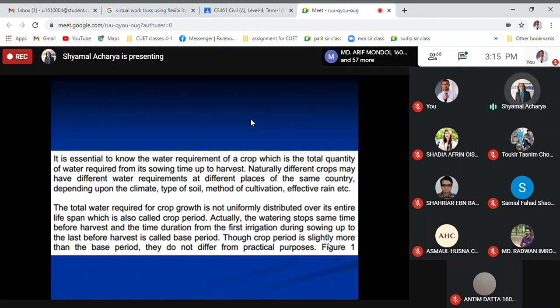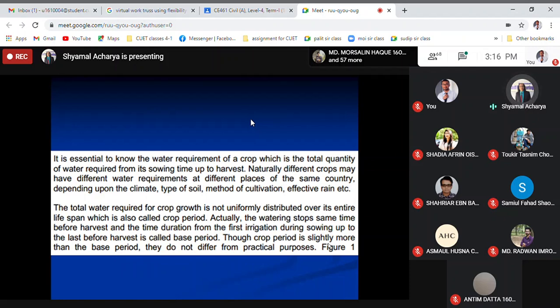So on 20th November you will harvest your crop, but you stopped applying water to that field on 7th of November. So the last day of water application is 7th of November. That's why it says the watering stops sometime before harvest.